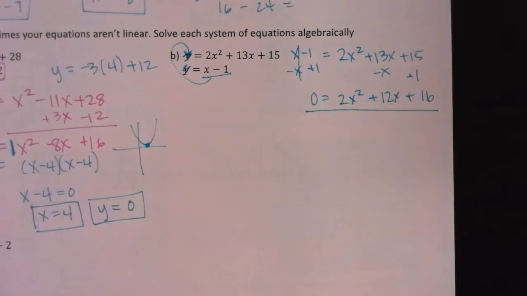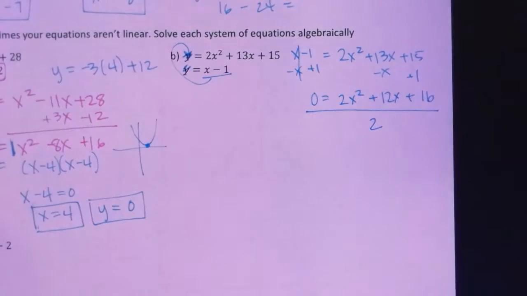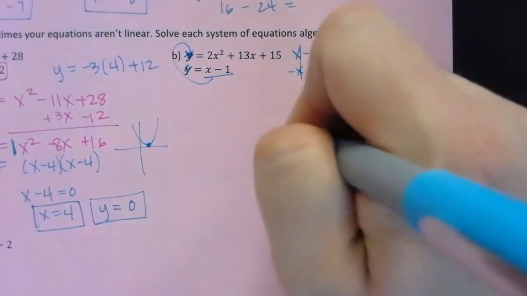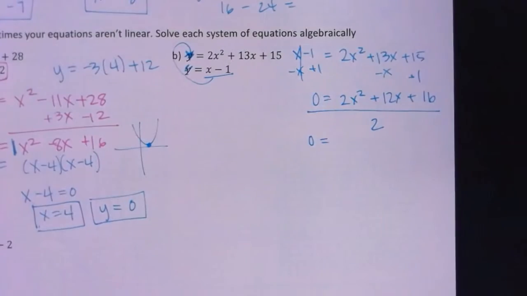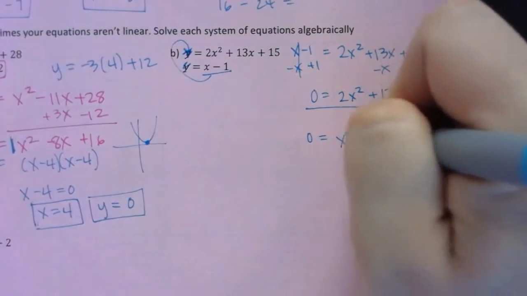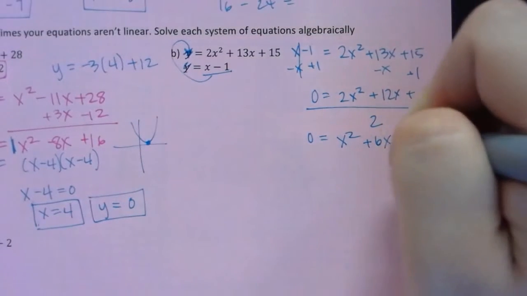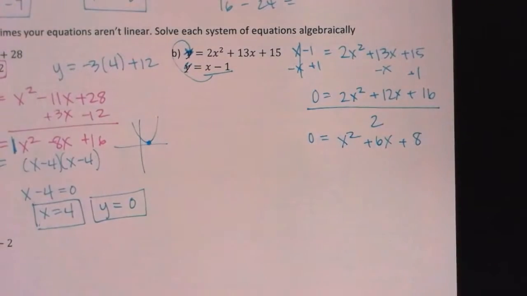The common factor is 2. If I divide 2 out, I have 0 divided by 2 is 0 equals x squared plus 6x plus 8. A much easier problem to factor than 2x squared plus 12x plus 16.